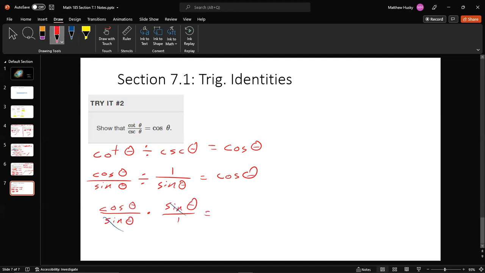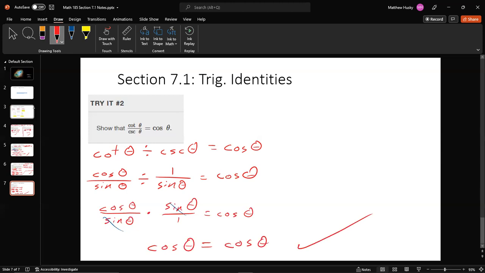After the chips have fallen, this tells you that cosine theta equals cosine theta. Imagine that. And there you go. We have successfully shown that those are indeed equivalent statements. So that is all the highlights that we're going to do from section 7.1.